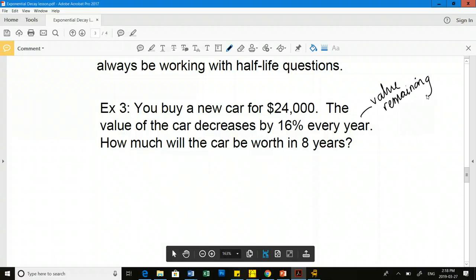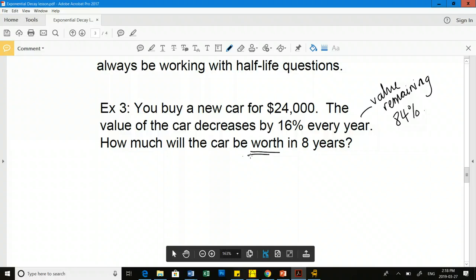So if I decrease by 16% every year, how much value remains every year? Not as a decimal, as a percent for now. Value remaining. If I decrease by 16%, what's left? 84%. So the value remaining is 84%. And that's what I'm interested in, the worth, the value remaining.